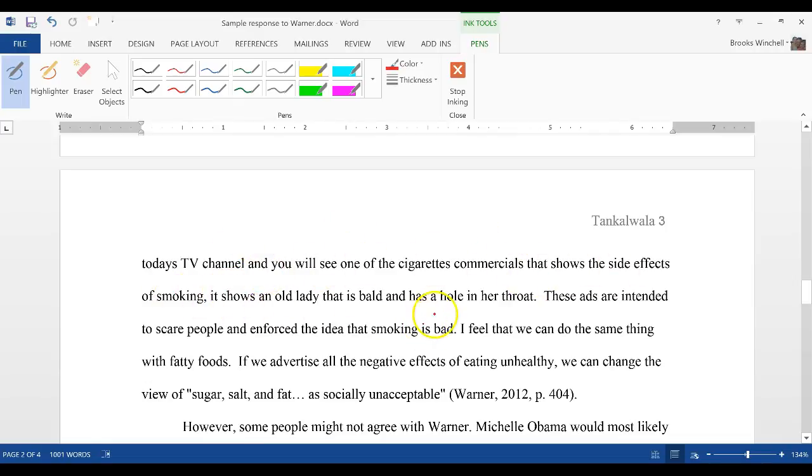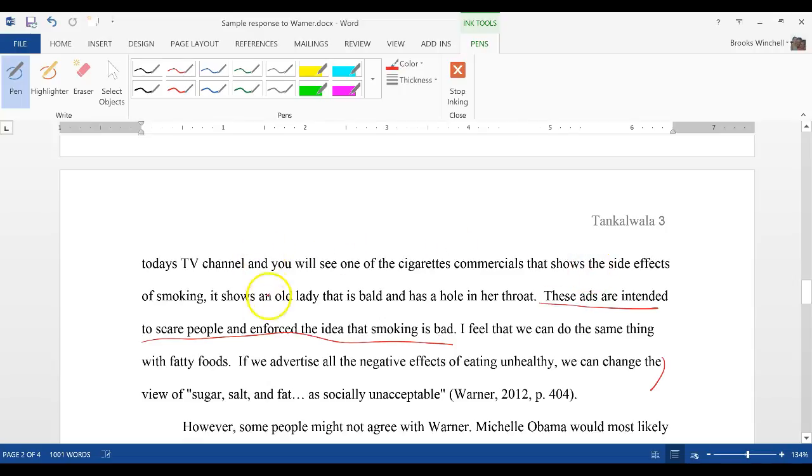It shows an old lady that is bald and has a hole in her throat. These ads are intended to scare people and enforce the idea that smoking is bad. I feel that if we can do the same thing with fatty foods, if we advertise all negative effects of eating unhealthy, we can change the view of sugar, salt, fat as socially unacceptable.